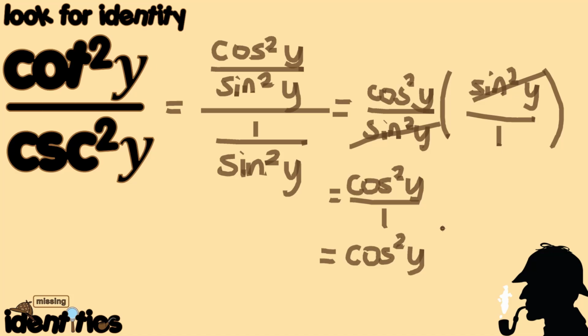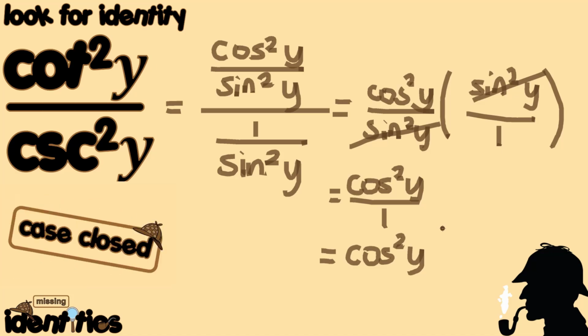This is now the identity equivalent to the ratio of cotangent squared y and cosecant squared y. It's cosine squared y over 1, or simply cosine squared y. This case for missing identity is now closed.